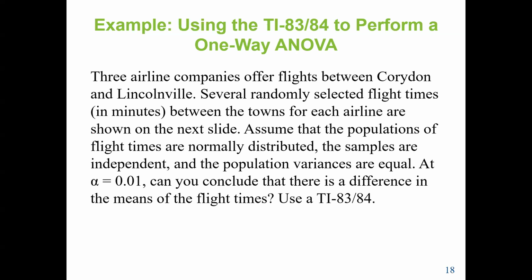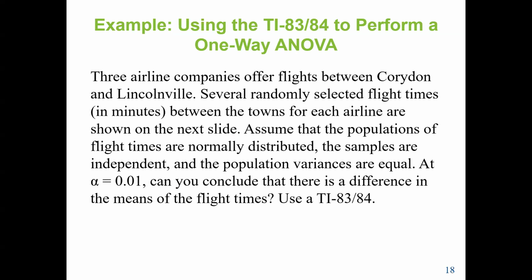So let's try the next example using the TI-83/84 calculator, Texas Instruments. Here we have 3 airline companies that offer flights between Corridon and Lincolnville. Several randomly selected flight times in minutes between the towns for each airline are shown in the next slide.